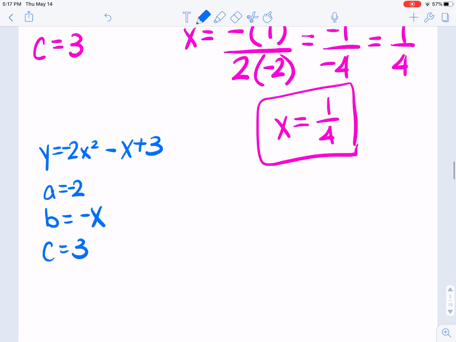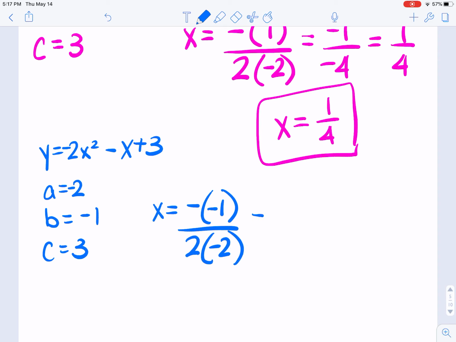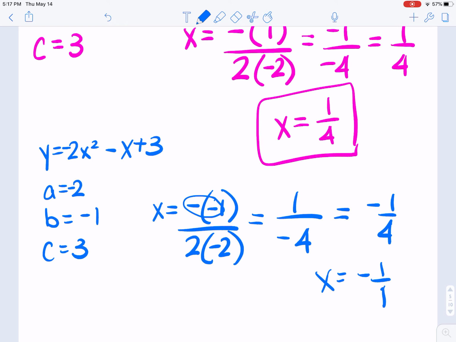So when I plug this in, x equals the opposite of B, which my B is negative 1. And then I have 2 times negative 2. Negative, negative, that becomes positive on the top, and the bottom is negative. So be careful when plugging in a negative number that if there's a double negative, it does become positive. So in this example, x would be negative 1/4.